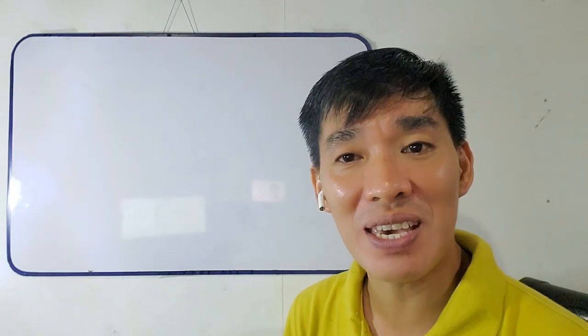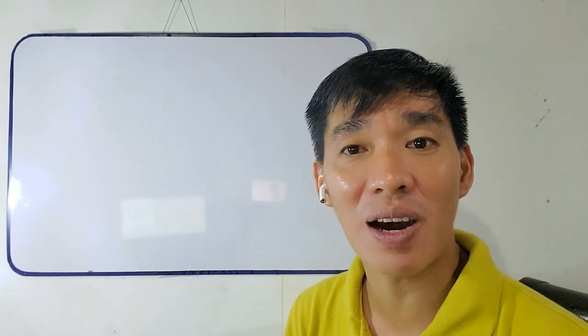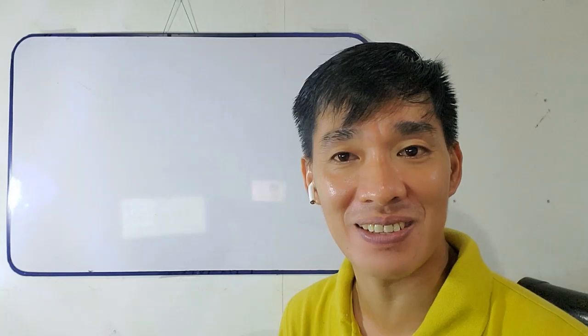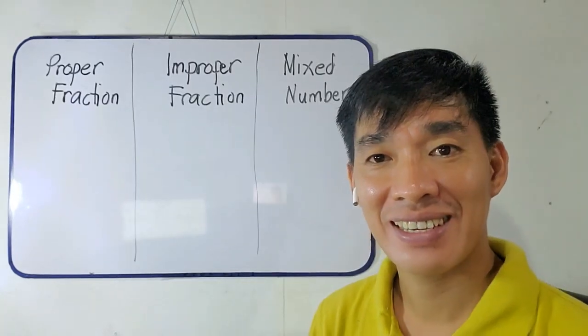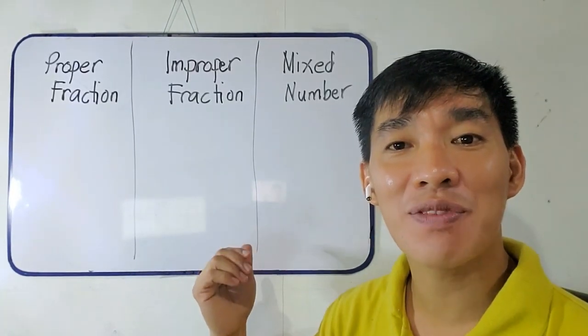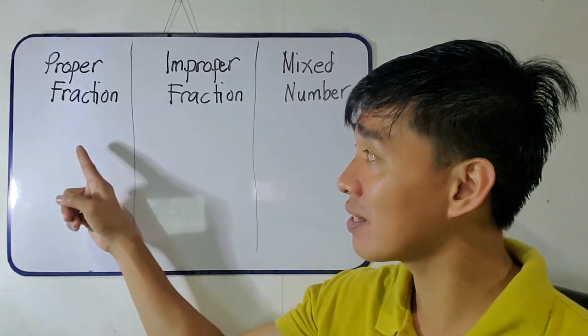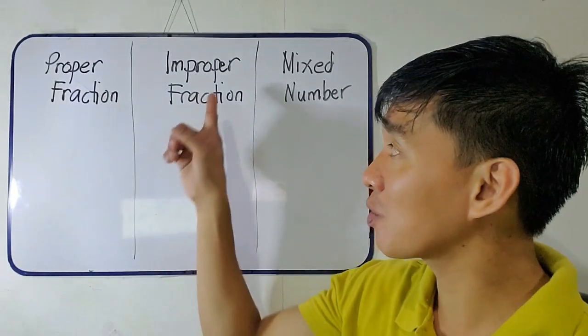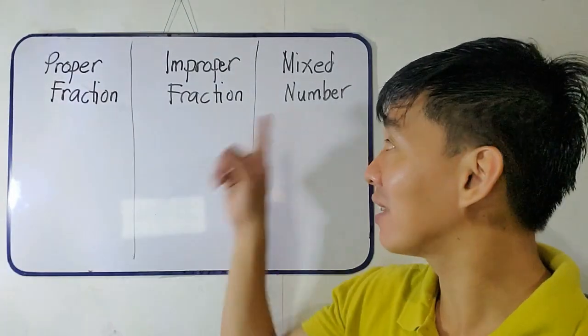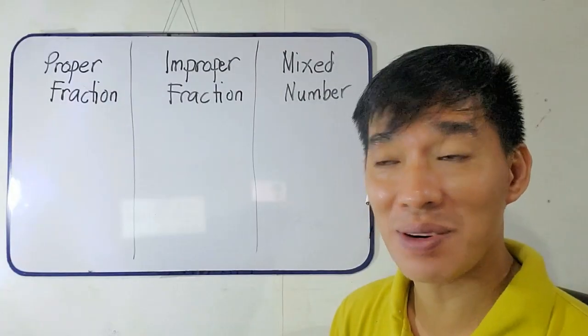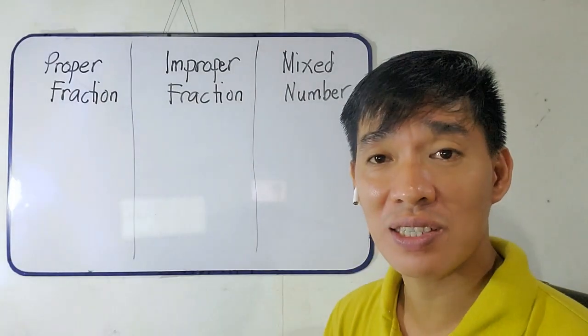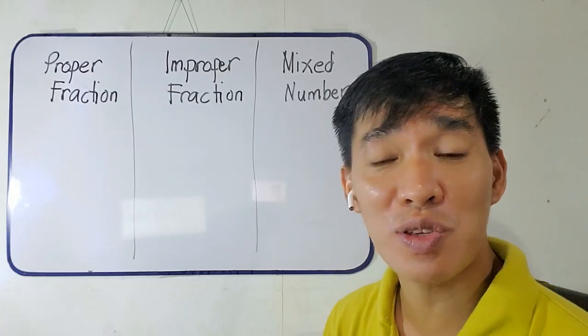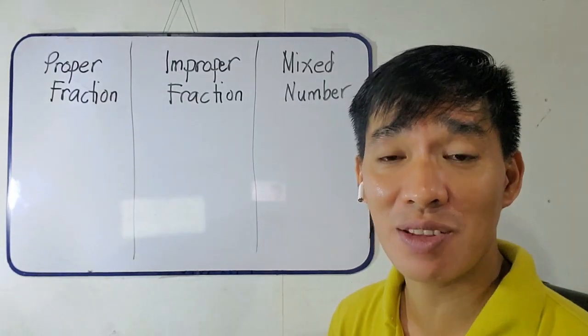So allow me to give you examples of the different kinds of fractions. Here are the three kinds of fractions. The first one is the proper fraction, the next one is improper fraction, and another one is mixed number. When we say proper fractions, these are the fractions whose numerator is less than the denominator.